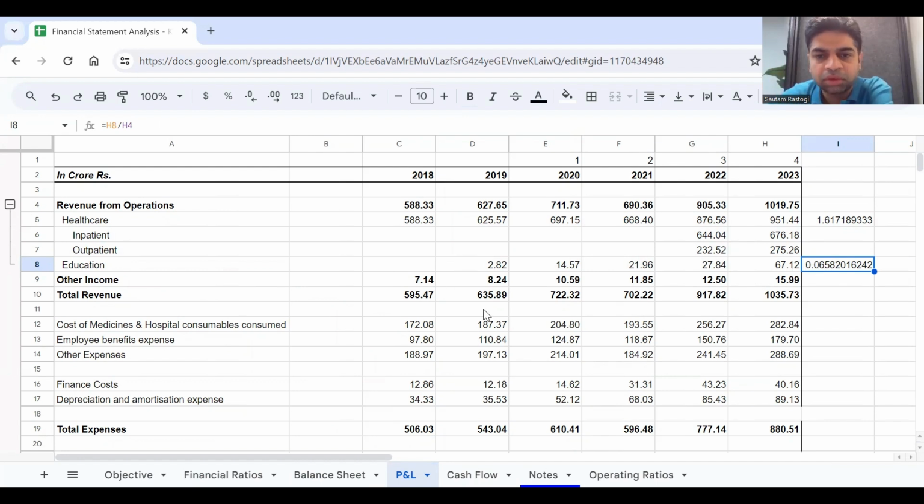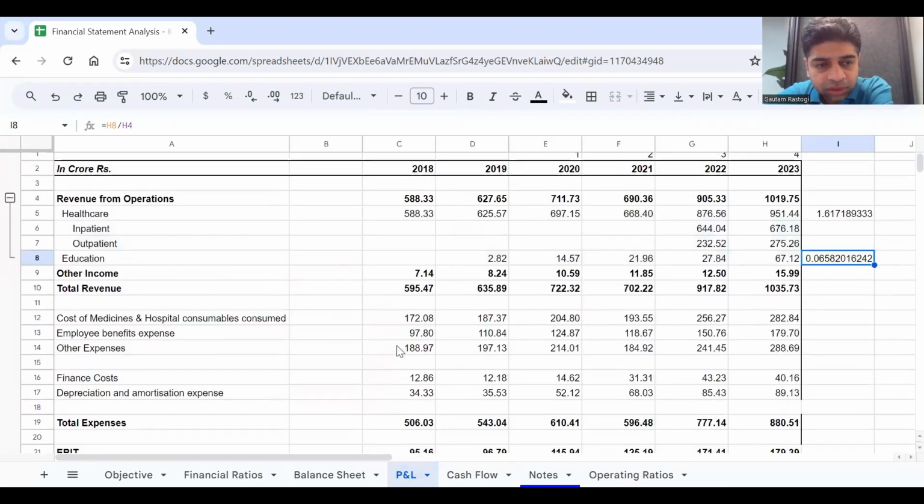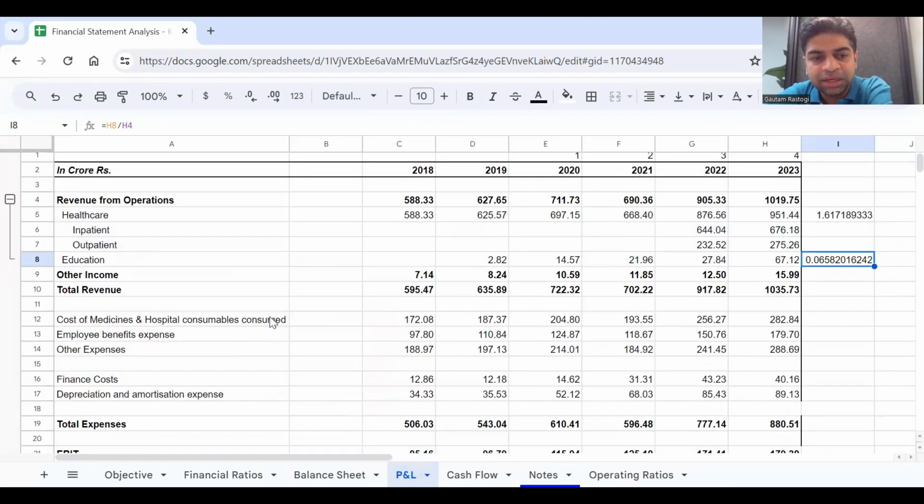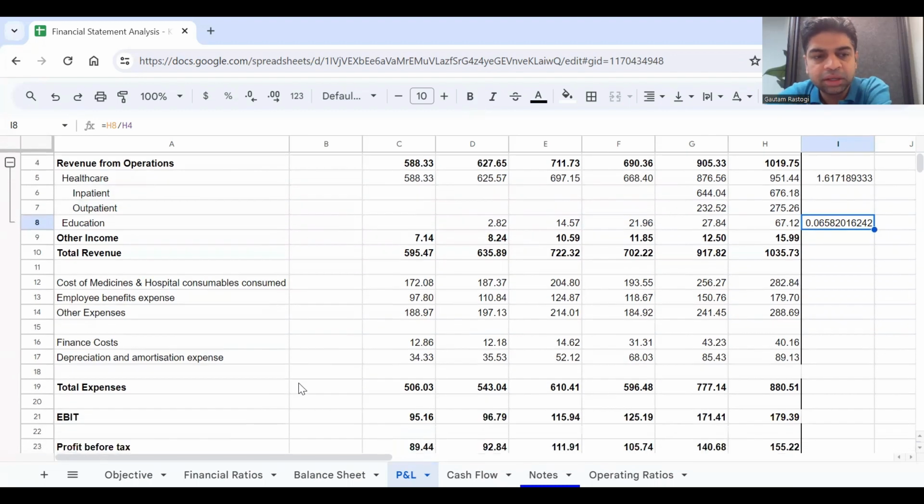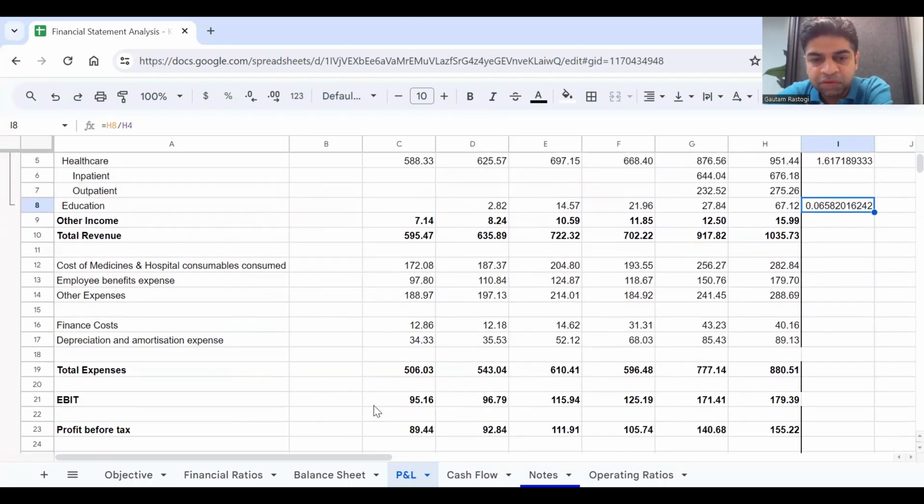Then there are some direct and indirect cost line items, and I'll cover them in detail when we get to the financial ratios, which would be up next. All right, so look at earnings before interest and tax.